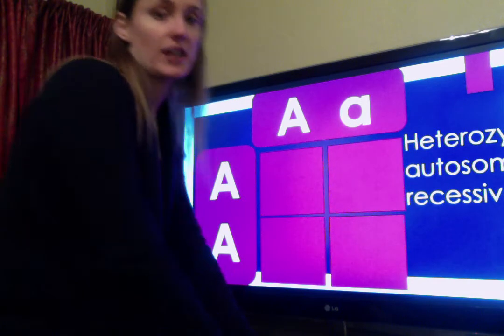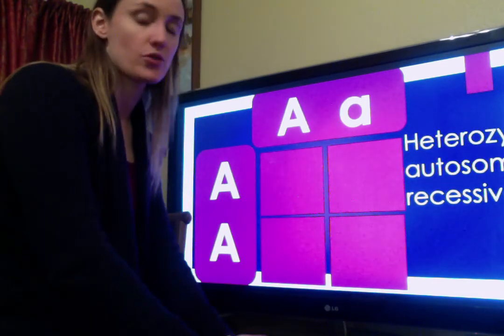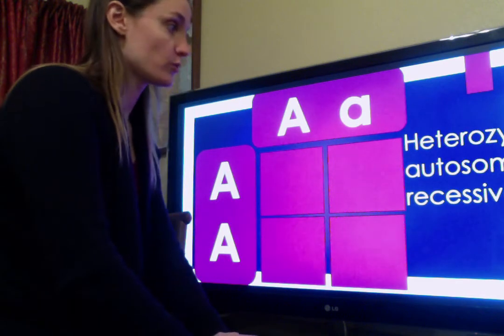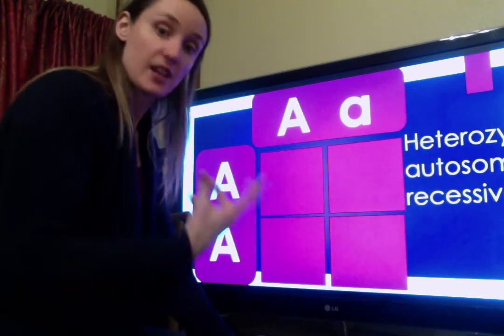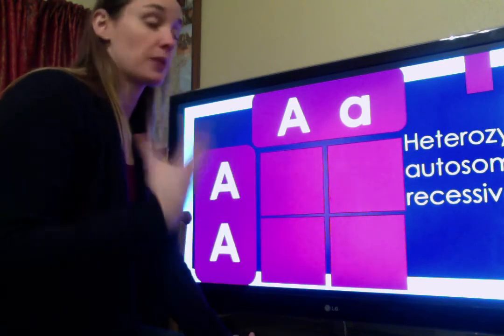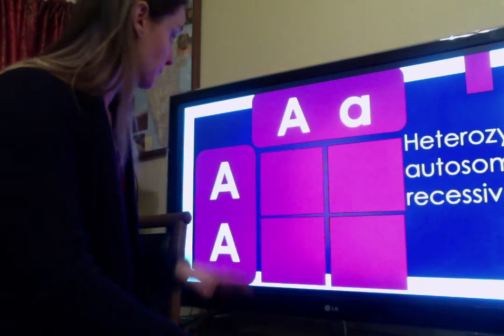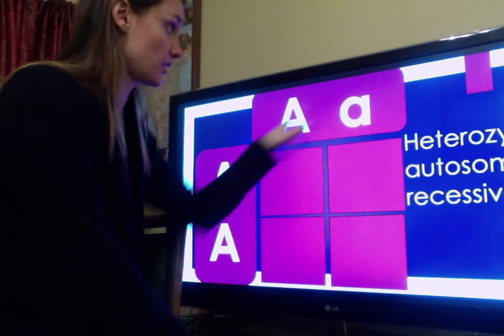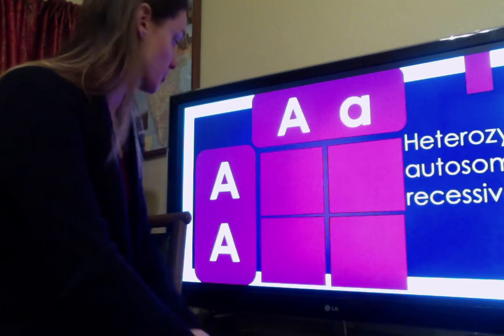So now let's look at those recessive traits. Those recessive traits would require 2 of those chromosomes in order to express that trait. So this could be blue eyes, this could be some kind of disease, it could be something like that. So we're starting off with one parent that's heterozygous, so they have one dominant, one recessive trait.